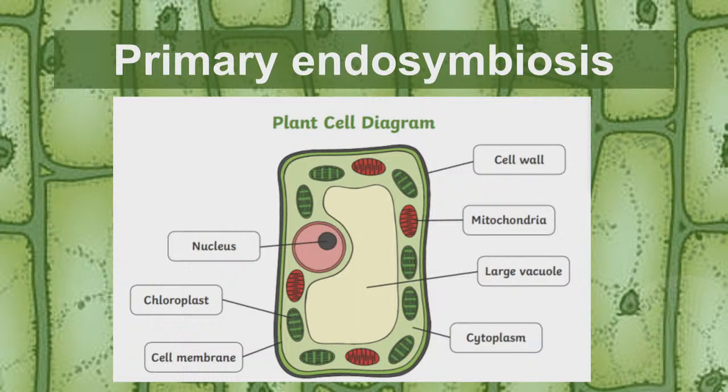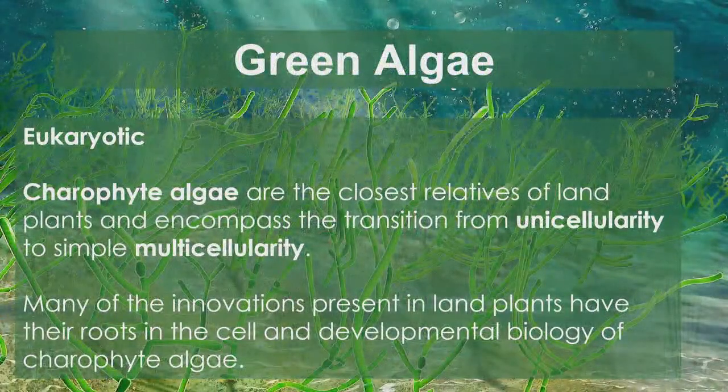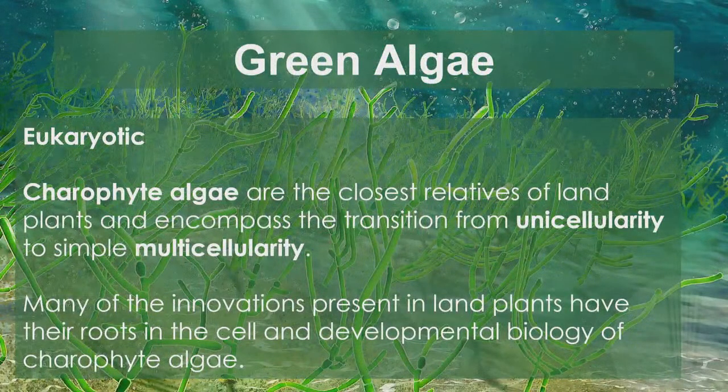So this is a process where something was its own organism and has now since become part of another organism, plants. So I just think that's pretty fascinating. And that was the beginning of plants and algae starting to use photosynthesis. So green algae, eukaryotic, we're still in the Proterozoic eon.